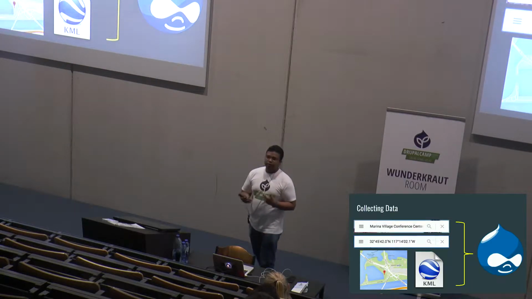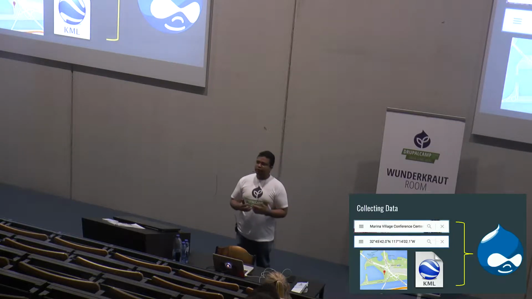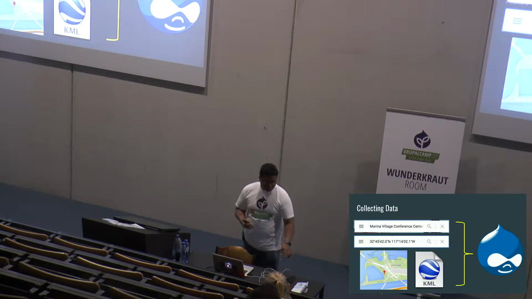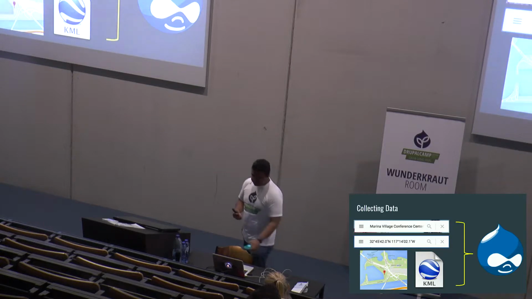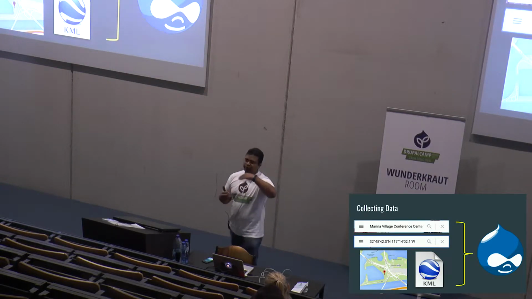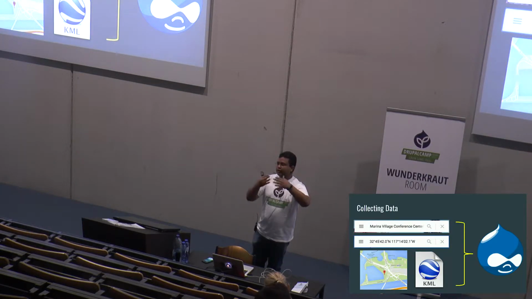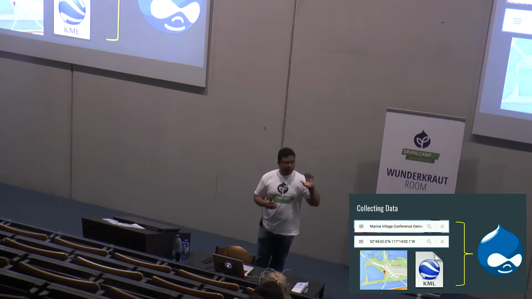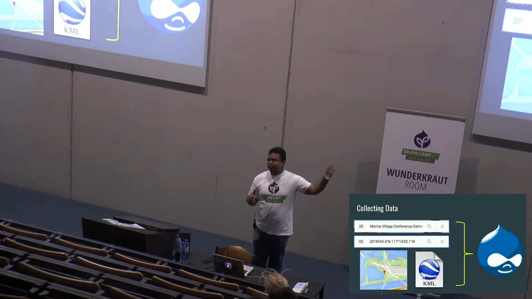And in the same way that we have Word documents or PDF documents, there are some file types specifically about storing geographical information. One of them is called KML. So we can have a file upload widget, and we upload this file, and that file contains the location that we want to store. So in Drupal, in theory, you can have all of these.